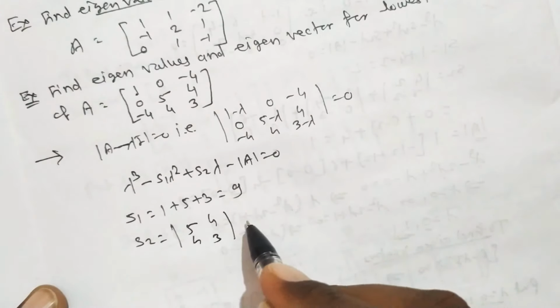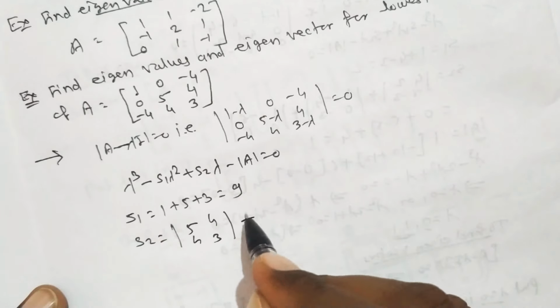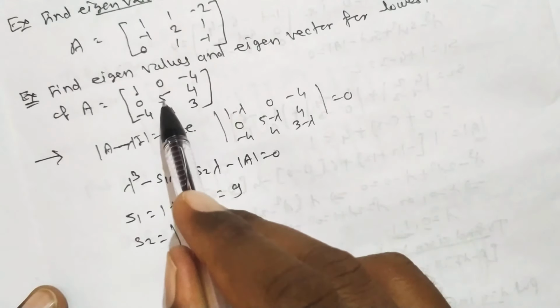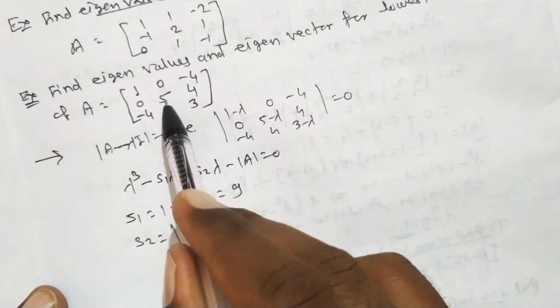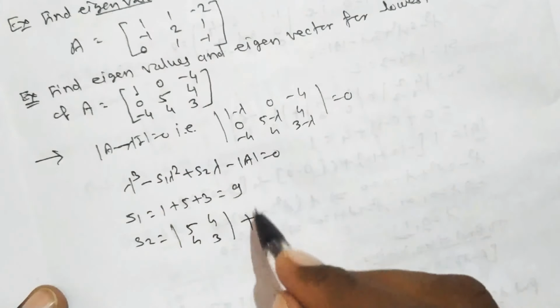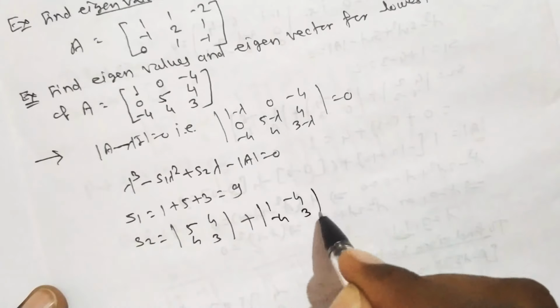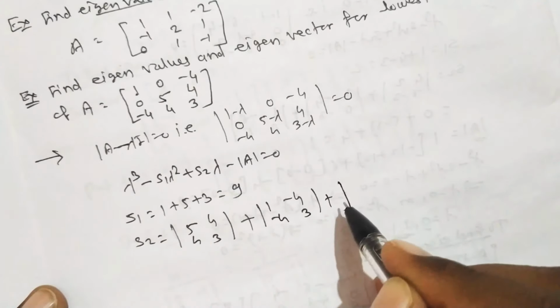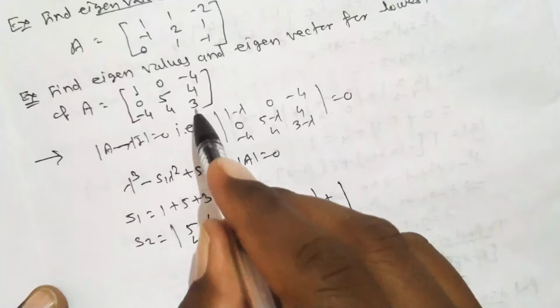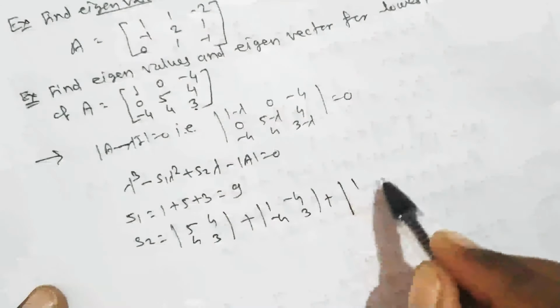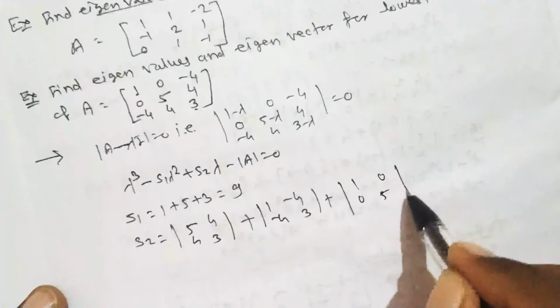Then plus the second diagonal element 5, and its minor is 1 minus 4 minus 4 3, and plus the third diagonal element 3, its minor is 1 0 0 5.